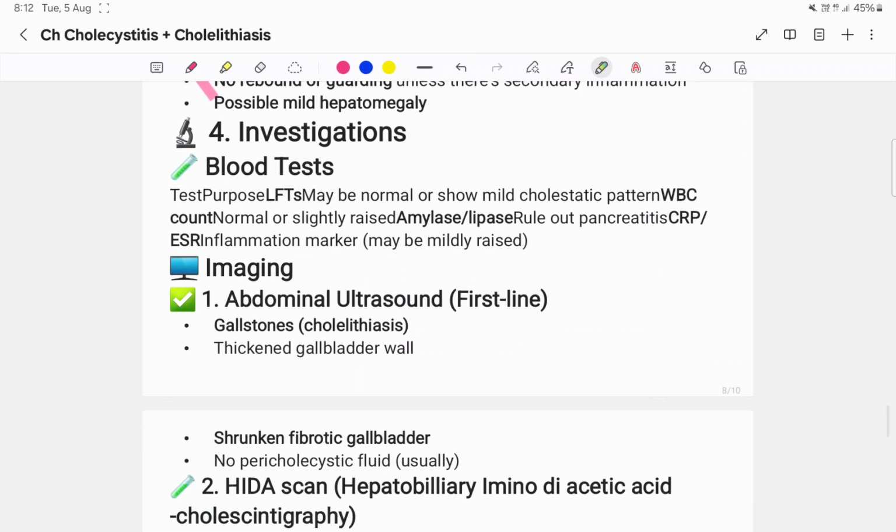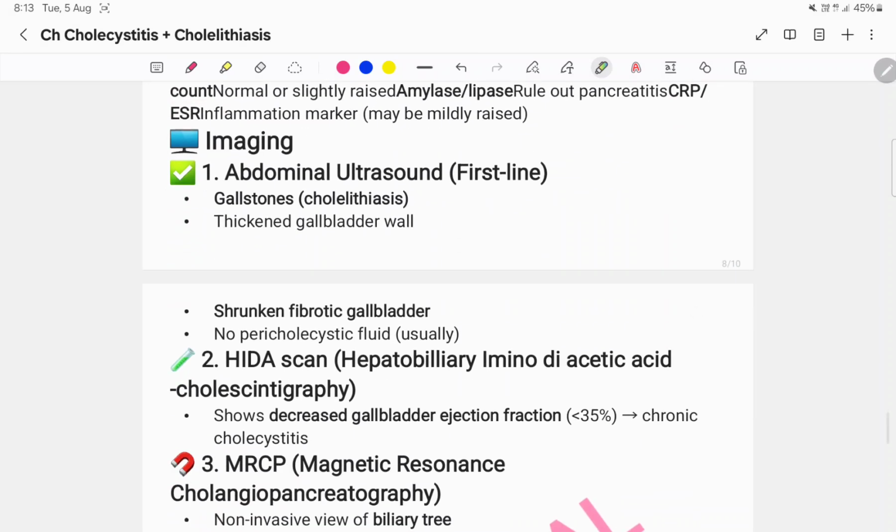Now, what investigations are done? First is blood tests. Check for amylase and lipase, which are mainly associated with the metabolism of fat. Whether CRP or ESR is raised or not indicates inflammation. WBC count is also indicative of inflammation. Next is imaging.